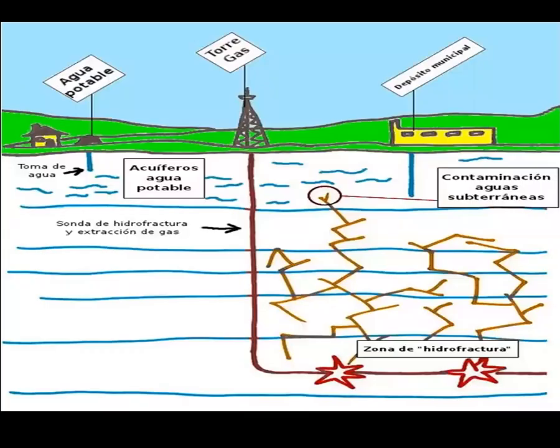So this is how fracking is done. What they do is that they inject a tube into the ground, and then they force water and air into the tube and other chemicals to loosen the rocks under the ground. When the rocks get loosened, then they extract the natural gas.